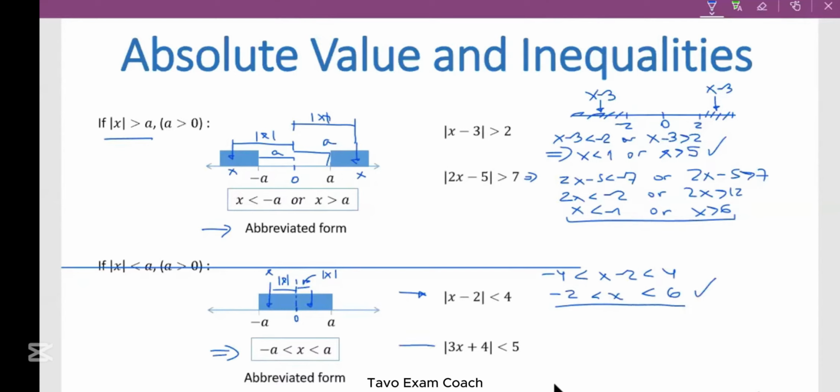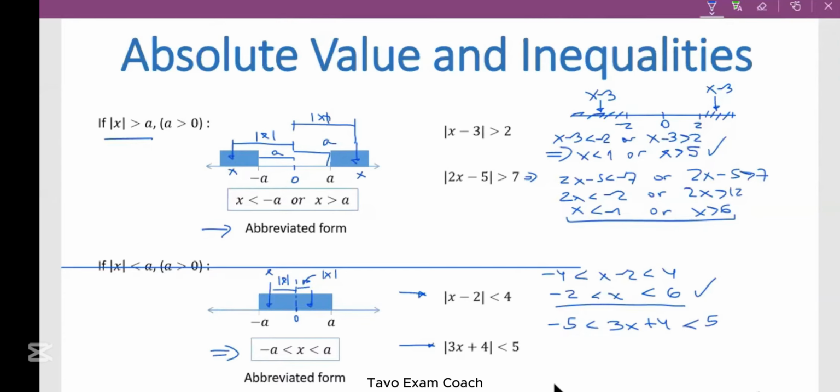What about the absolute value of 3x plus 4 less than 5? Okay, if we do this, then we should say that 3x plus 4 is greater than negative 5 and less than 5. Then we can subtract 4 on all sides of this inequality.